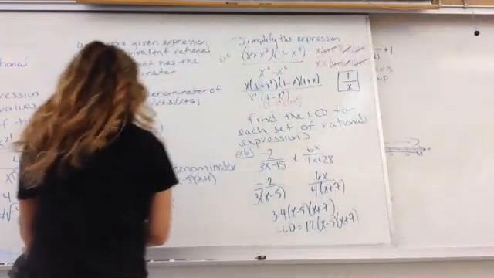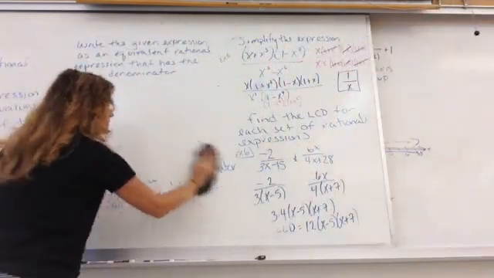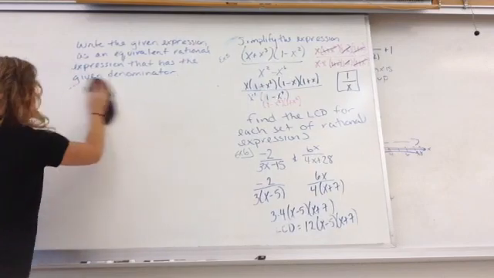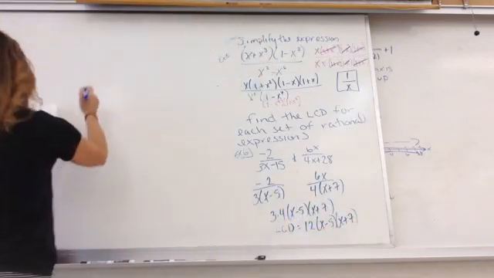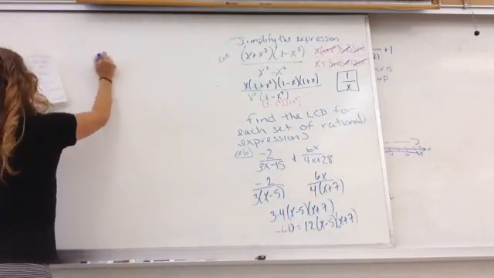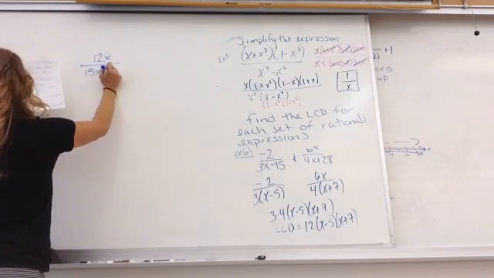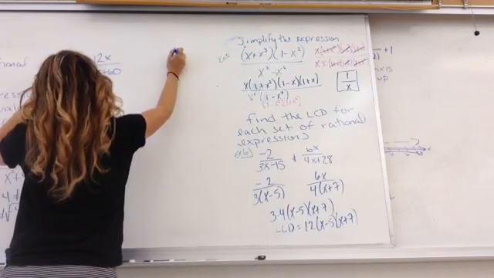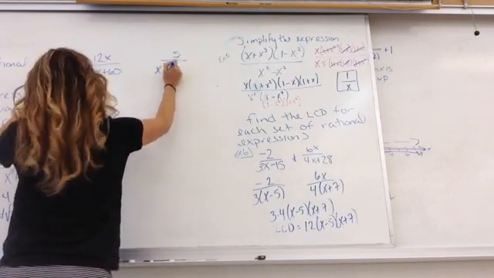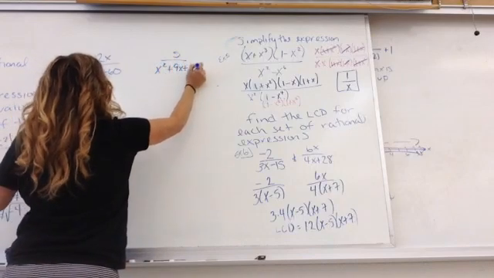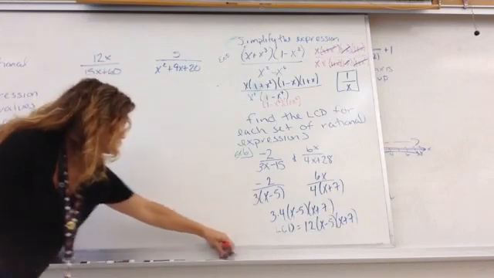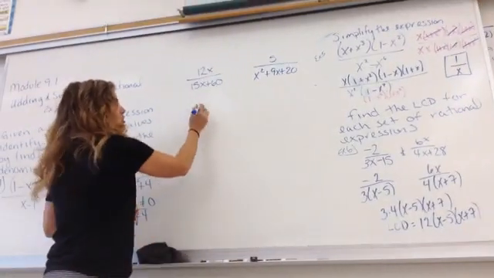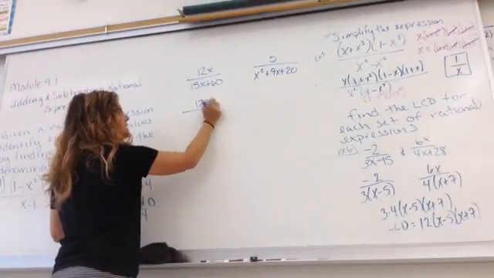We're going to look at one more where we're finding the LCD. So we're looking at these two, finding an LCD. Make sure everything's factored. 12x.